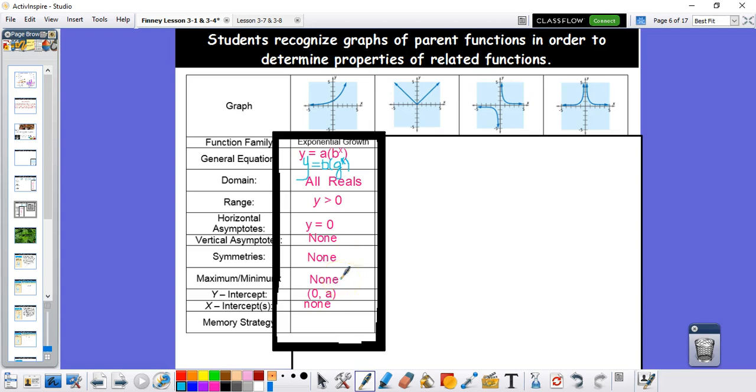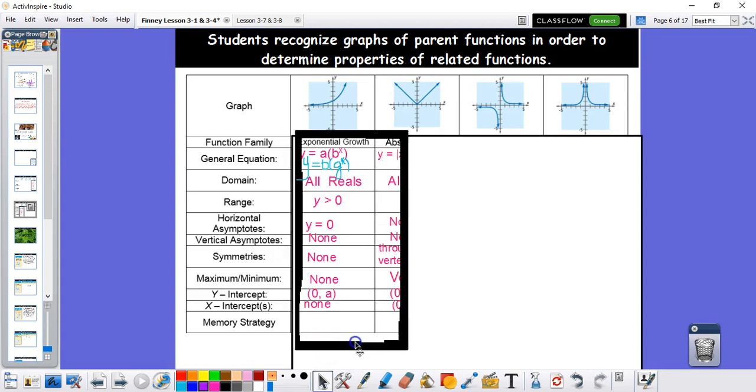There is no minimum because it is an asymptote situation. There's no maximum because it goes on forever. It does have a y-intercept at (0, a), or if you're using b times g to the x, at (0, b). And there is no x-intercept because y can never be 0.